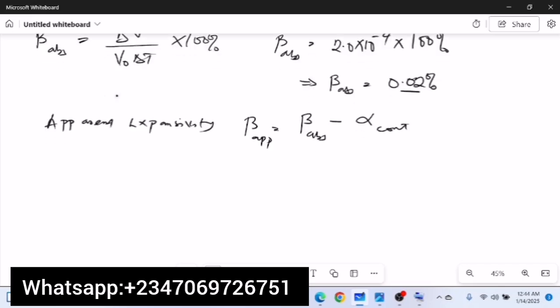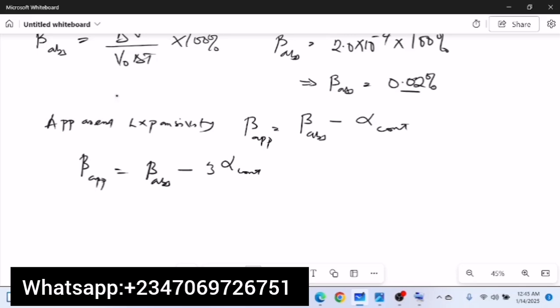Therefore, this equation can be rewritten as: the apparent expansivity, beta apparent, is now going to be equal to the absolute expansivity, beta absolute, or the real expansivity, minus 3 times the linear expansivity of the container.